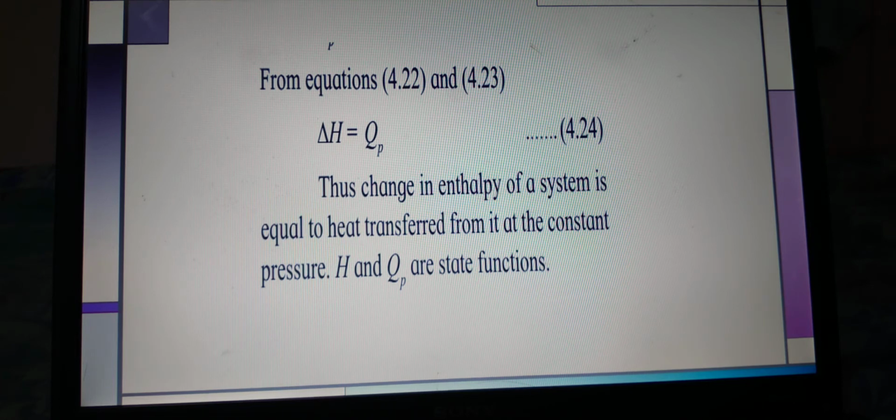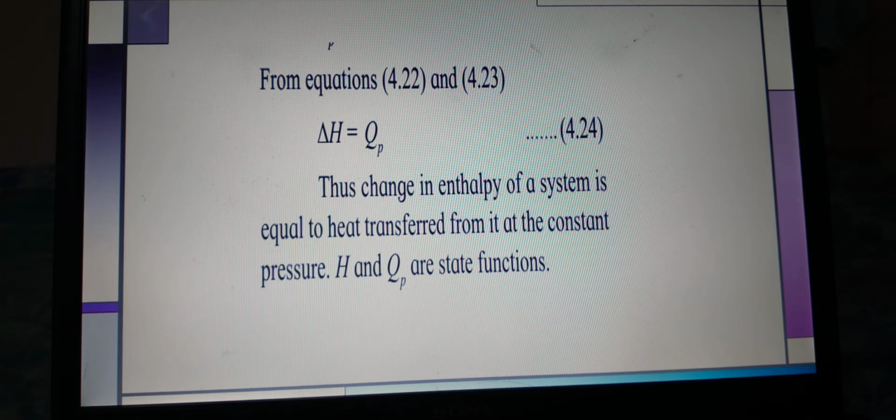Thus, an increase in the enthalpy of a system is equal to the heat absorbed by it when a reaction is run at constant pressure, because we learned that the total process is an isobaric process, and hence the pressure should be constant. Since H is a state function, of course QP is also a state function.